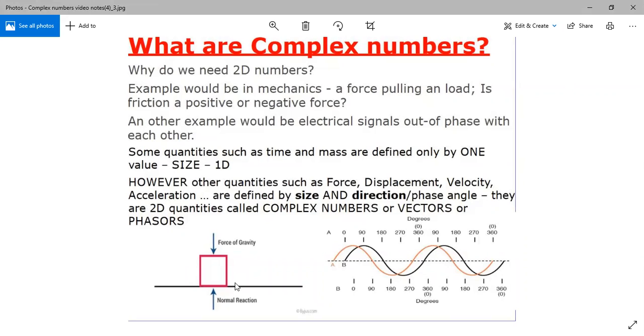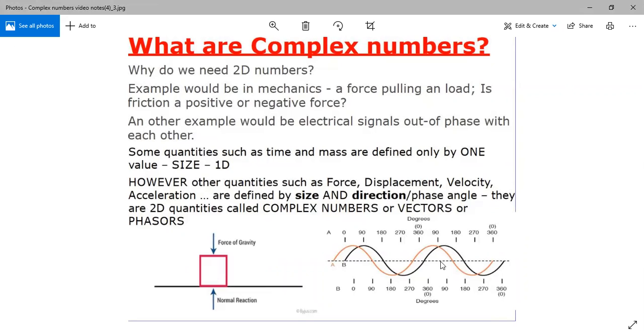So for example, in the diagram here, if you stand on a floor in a building, the floor has to have a reaction that's equal and opposite to your weight. So the forces are equal, but they're going in opposite directions. So it's a 2-dimensional quantity for force.